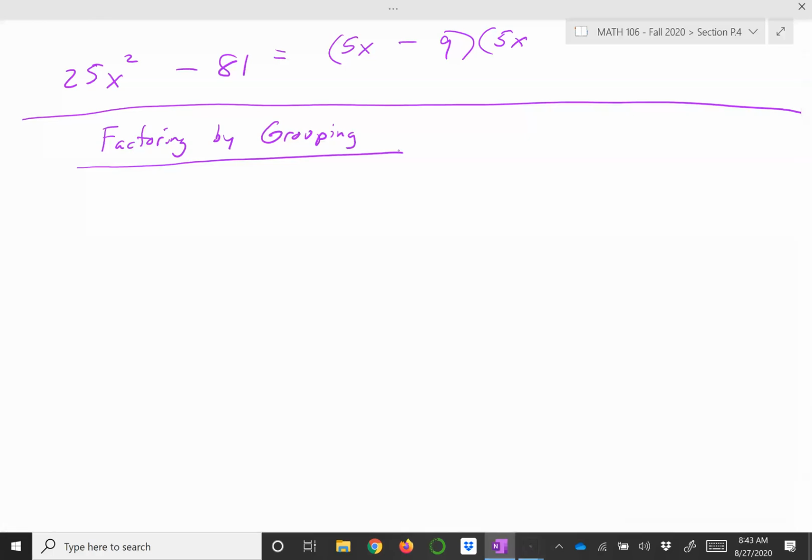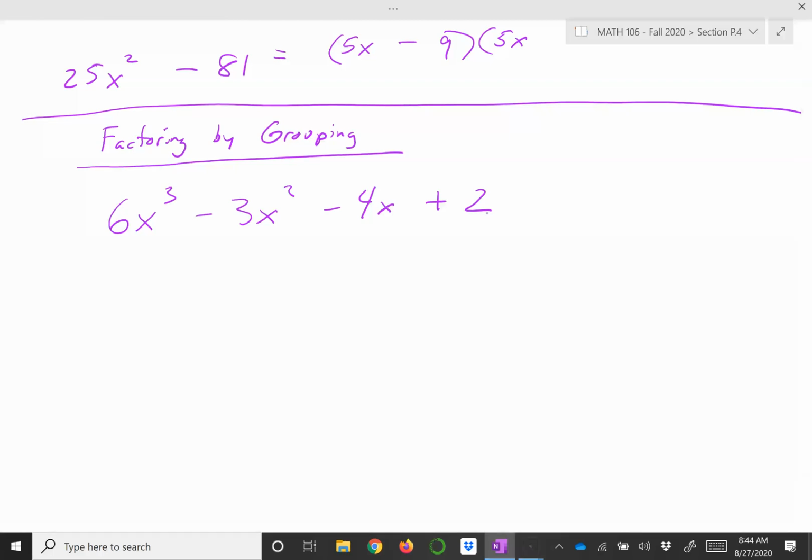I don't know if a polynomial with four terms has a name, but it's got four terms. Okay, so something like this. Say you had 6x cubed minus 3x squared minus 4x plus 2.